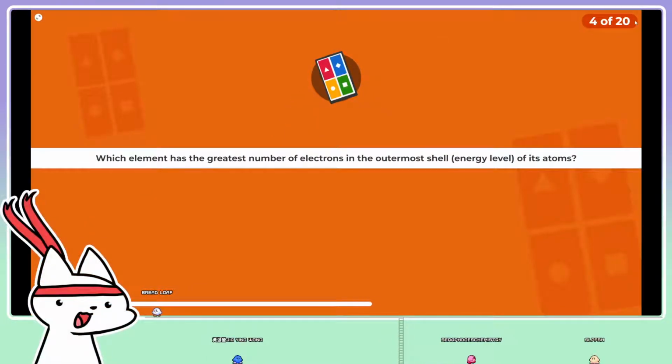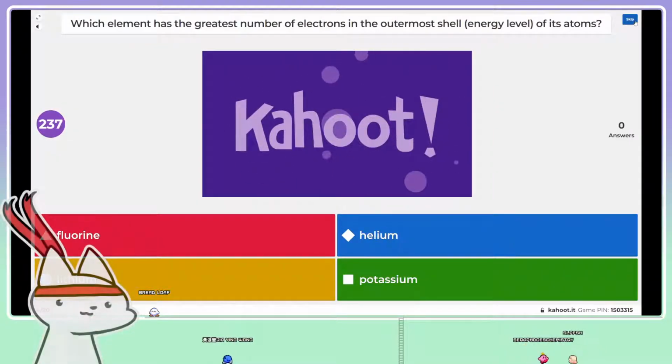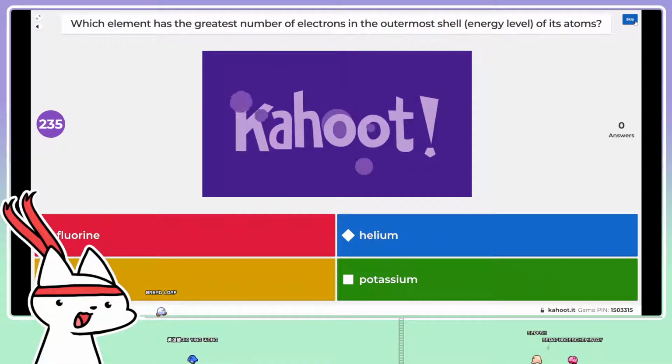Which element has the greatest number of electrons in the outermost shell? So outermost shell also refers to the concept of valence shell.